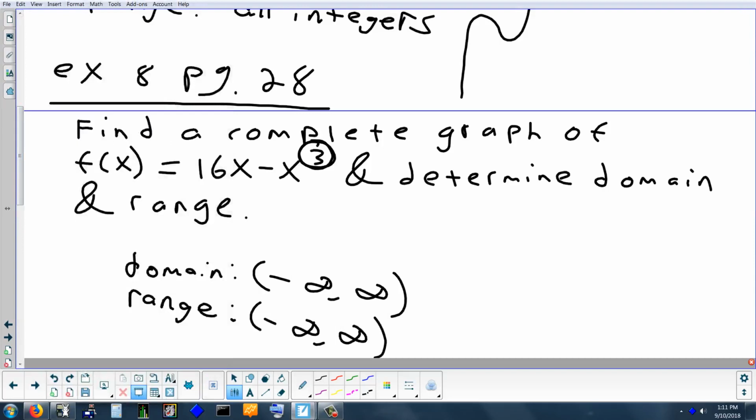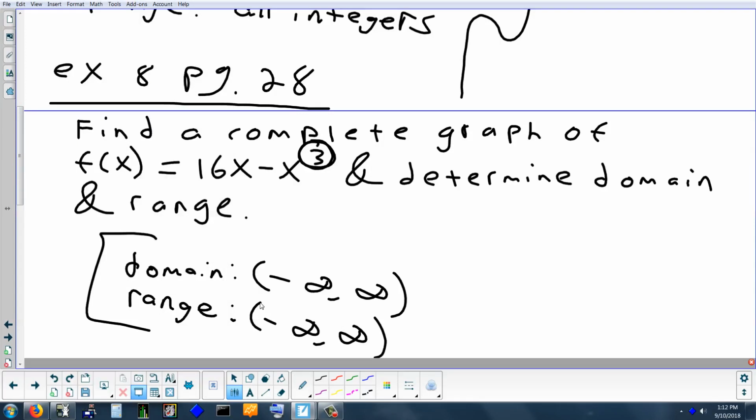In fact, any odd degree polynomial, that means any polynomial where the highest exponent is an odd number, these two answers would always be the same. Now, if you're wondering what happens with an even number, let's say you made it x squared, that's a parabola. So now you've created a U shape.